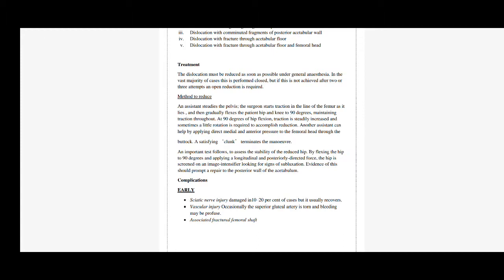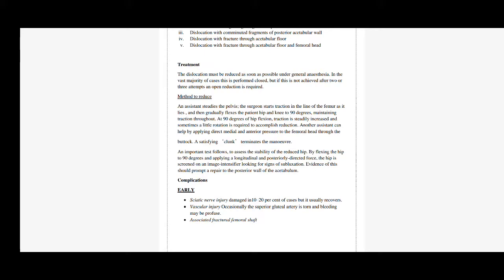This method is called Allis's method, maintaining the traction throughout the maneuver. At 90 degrees of hip flexion, the traction is increased with internal and external rotation to pull the head inside the socket.